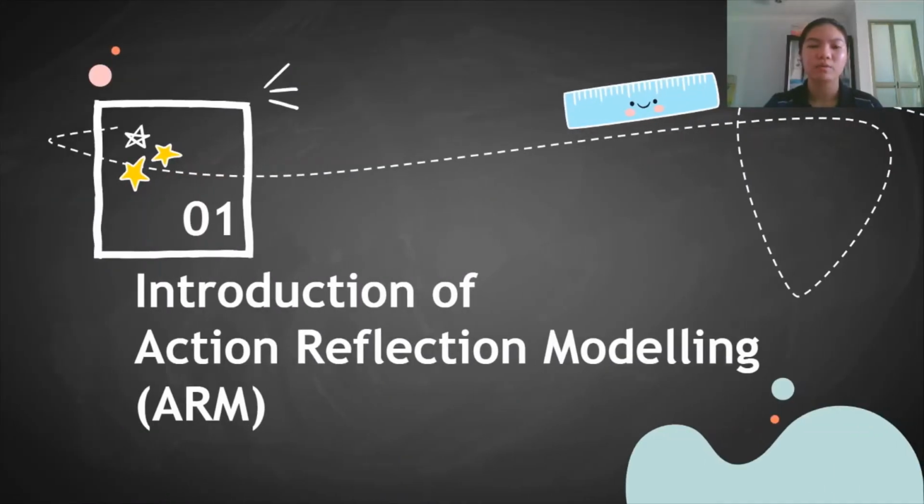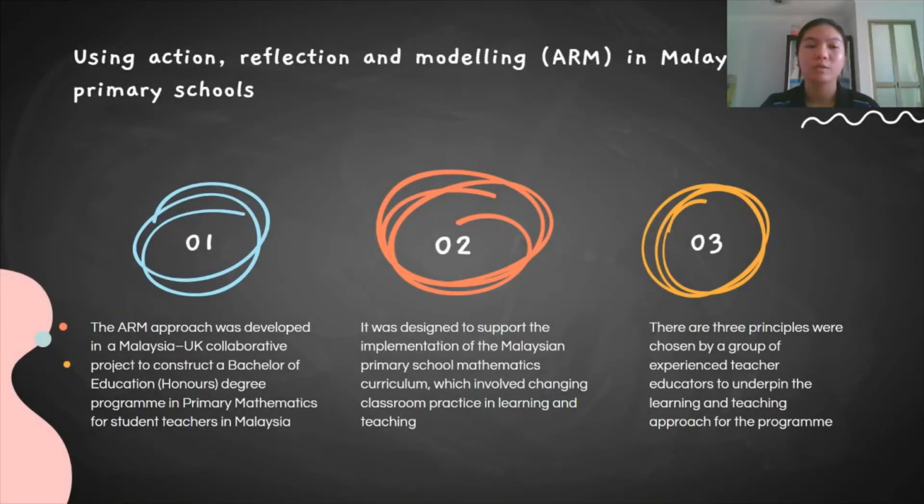Now, I would like to start with the introduction of Action, Reflection, Modeling, which is ARM. As we know, the previous curriculum in Malaysia was more focused on the teacher rather than the student. And in 2006, Malaysia finally decided to move toward the national curriculum specification, which emphasizes the component of active learning.